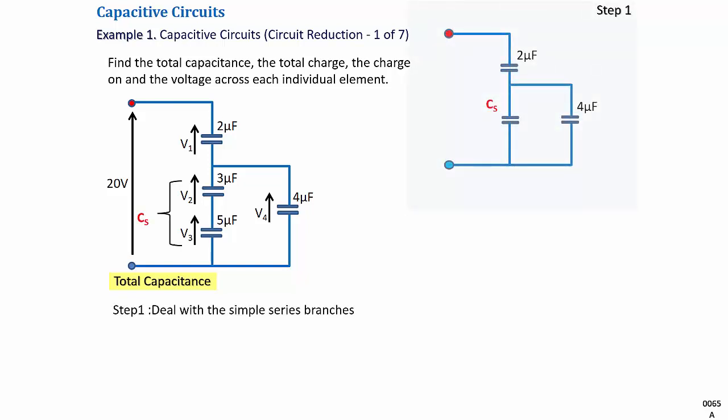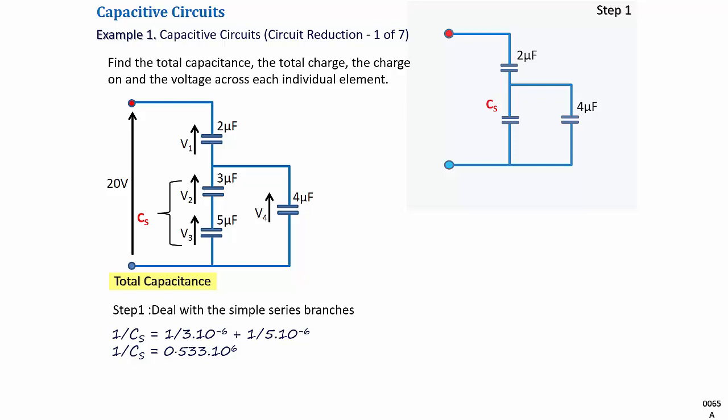Step 1. Deal with the simple series branches, CS. So 1 over CS equals 1 over 3 times 10 to the power minus 6 plus 1 over 5 times 10 to the power minus 6, which equals 0.533 times 10 to the power 6.